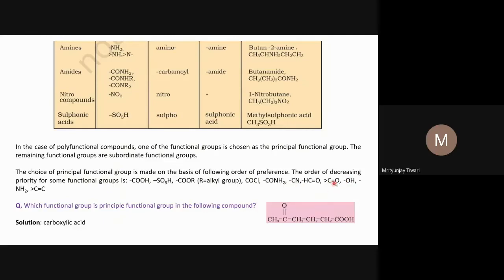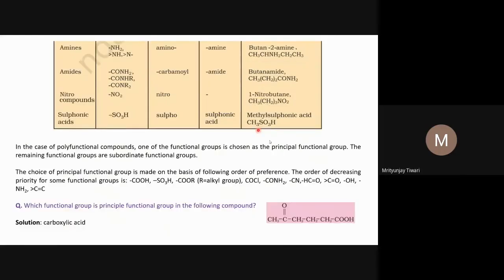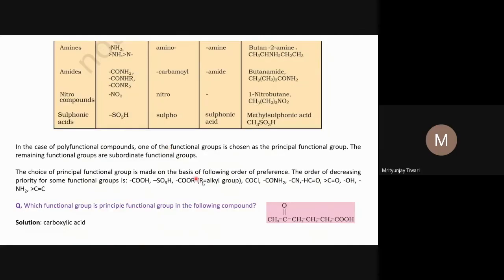And then after the ketone comes the alcohol group, OH. Then come the amine groups, NH2 primary, then secondary and tertiary amine, and then comes the double bond. The double bond will be at the last, and the rest of the other functional groups that we see behave like substituents, subordinate functional groups.